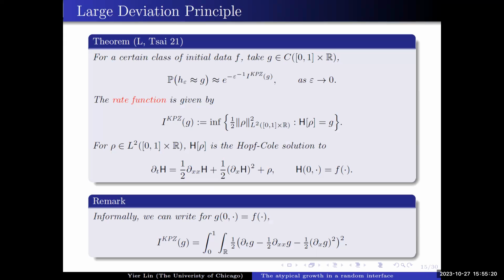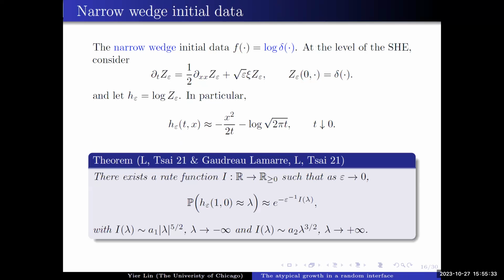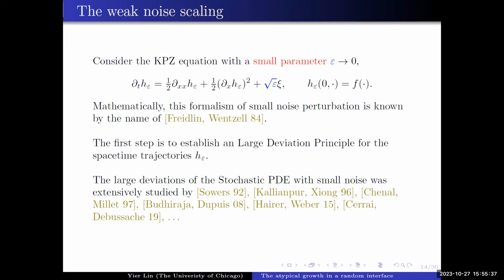Here is the first result. When you let the noise vanish, the trajectory will become closer and closer to some deterministic path, and the deterministic path is given by dropping the noise and solving the PDE.